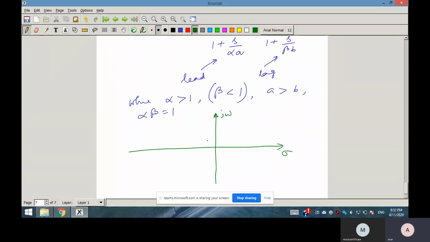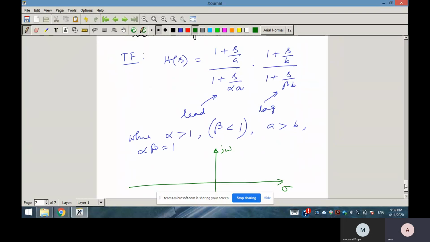So, the pole-zero map. Here I have considered A greater than B. So this is, suppose, minus A. A greater than B means this is minus A, and this will be minus B. Then beta B: beta is less than 1, so beta B will be here.